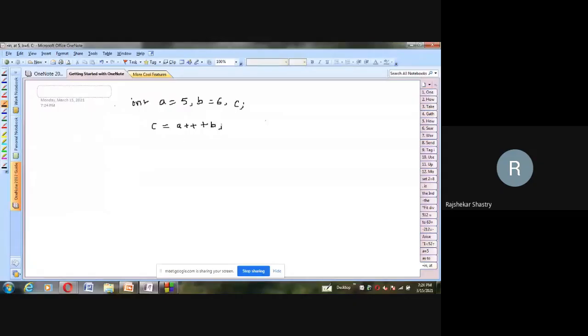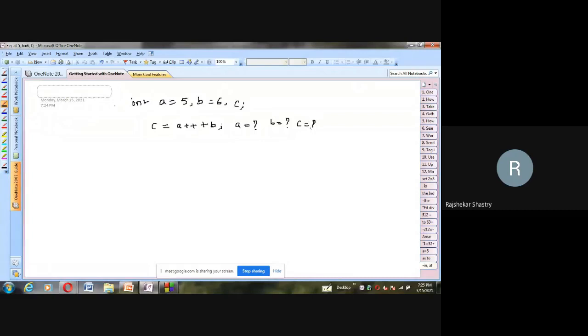Assume that I'm printing: A is what, B is what, and C is what? I want all three. A is 6, sir. B is 6 and C is 12.